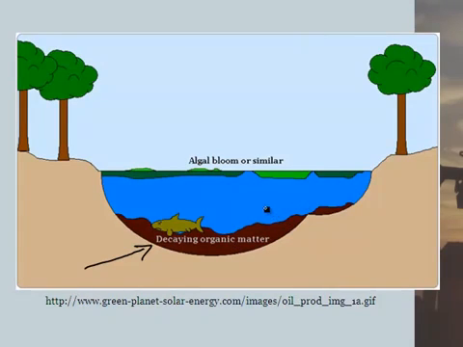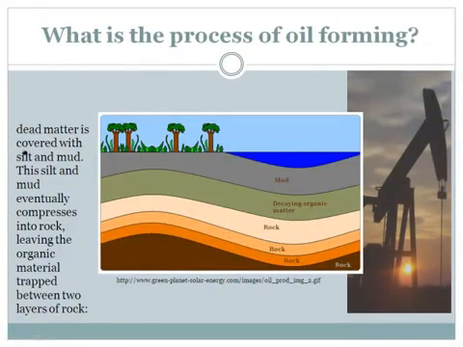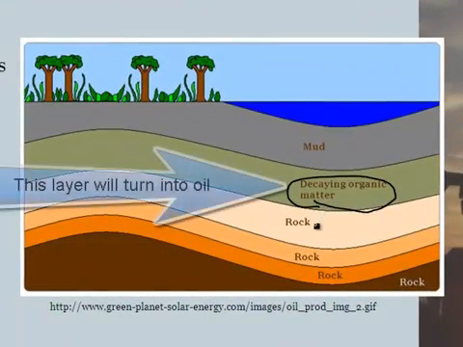This is just a common thing that we see all the time. Then the second picture is the dead matter covered with silt and mud. This silt and mud eventually compresses into rock, leaving the organic material trapped between 2 layers of rock. So here's our decaying organic matter, caught between the rock and the mud.